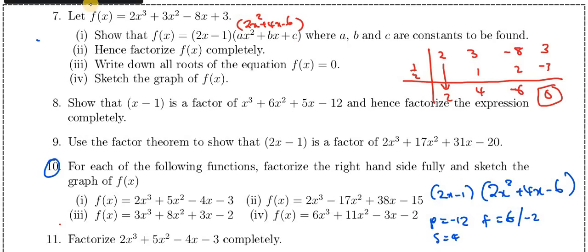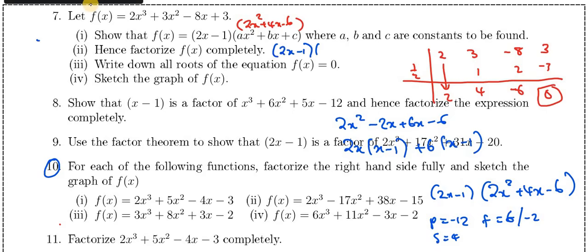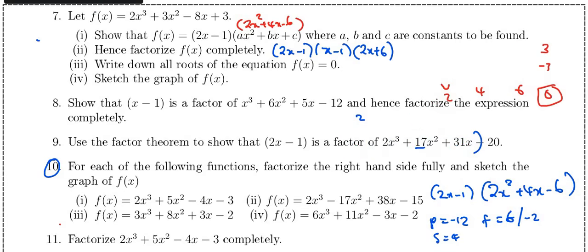So when we do the math there, we're going to have 2x squared minus 2x plus 6x minus 6. This will be 2x times x minus 1, plus 6 times x minus 1. So this will just be 2x minus 1, and the other two factors will be x minus 1 and 2x plus 6. So these are simply the other two factors you're going to get.